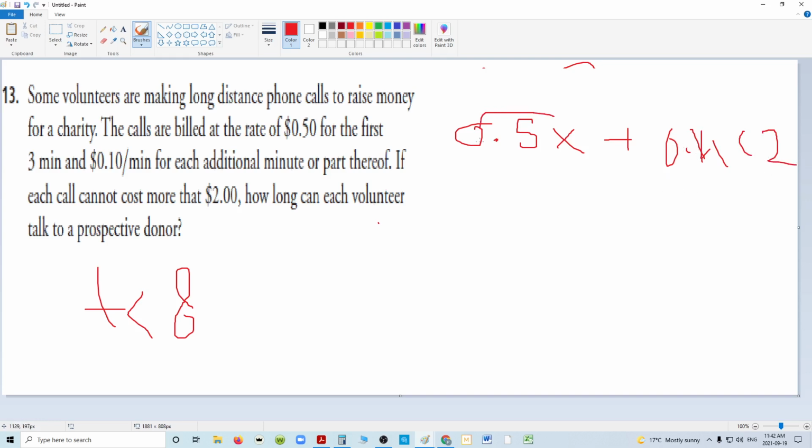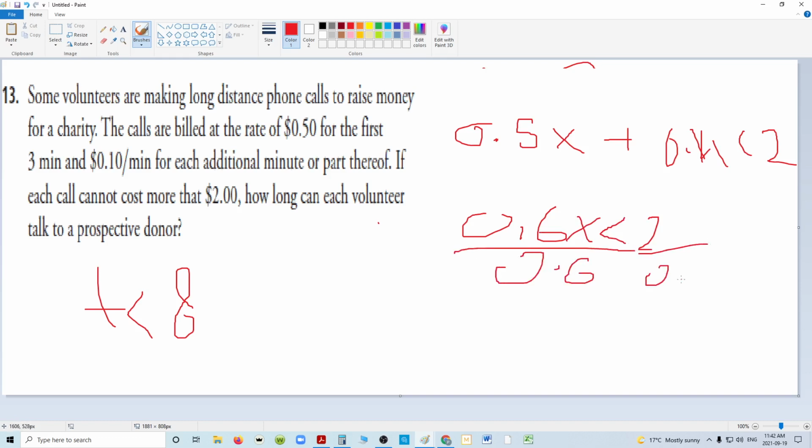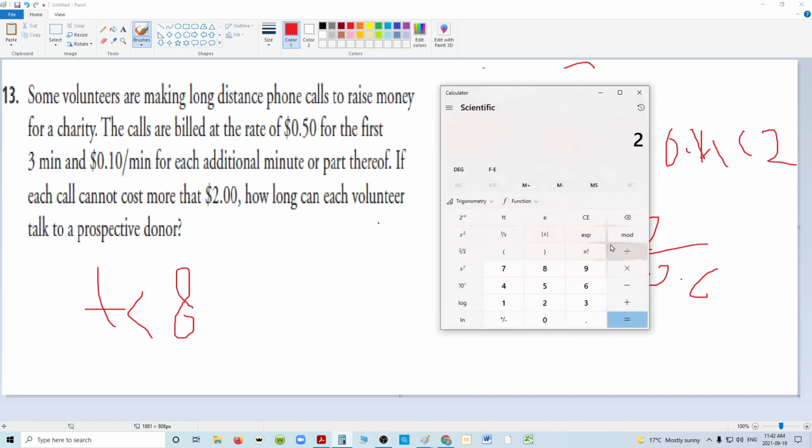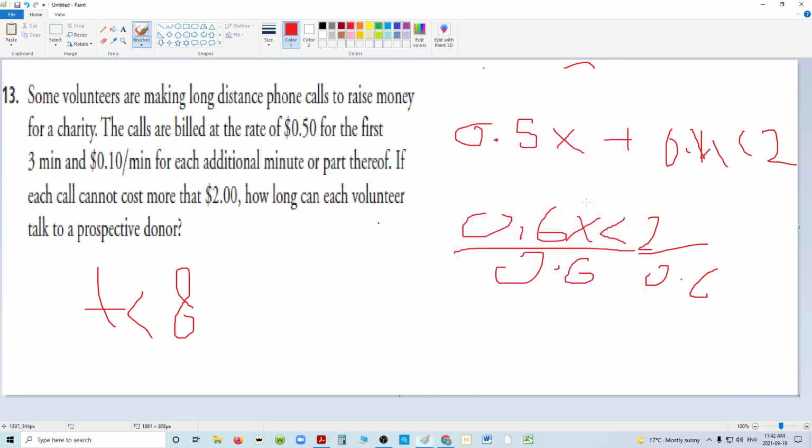So 0.1x plus 0.5x is 0.6x, must be smaller than 2. I have to divide by 0.6 on both sides. And if I take 2 and divide it by 0.6, I don't think it'll work. No, it doesn't work because x here is a different x compared to here.